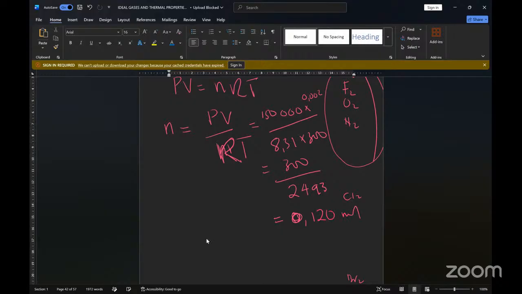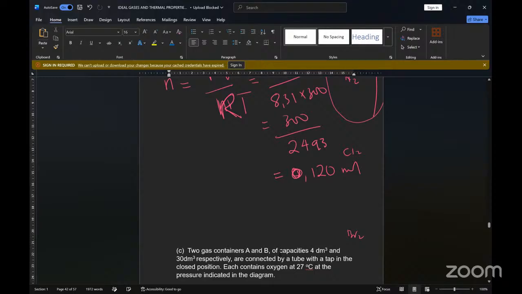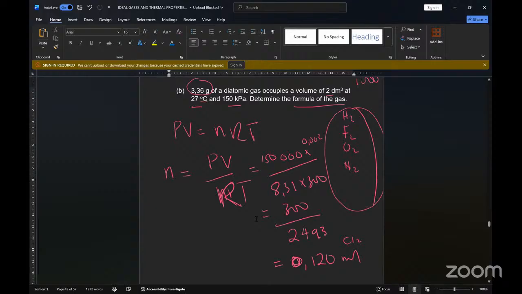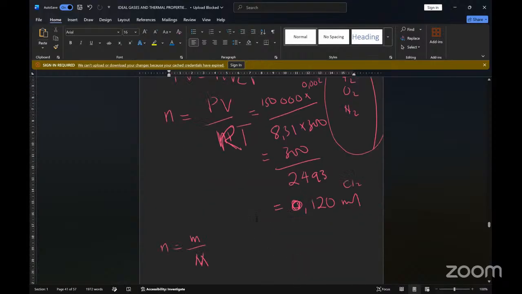So that's the number of moles. Okay. But we are not interested in that. We have not finished with that. We are supposed to determine not just the number of moles, but the molar mass. Okay. So we say number of moles is equal to mass over what? Molar mass. So we know the mass here. The mass was given as 3.36.